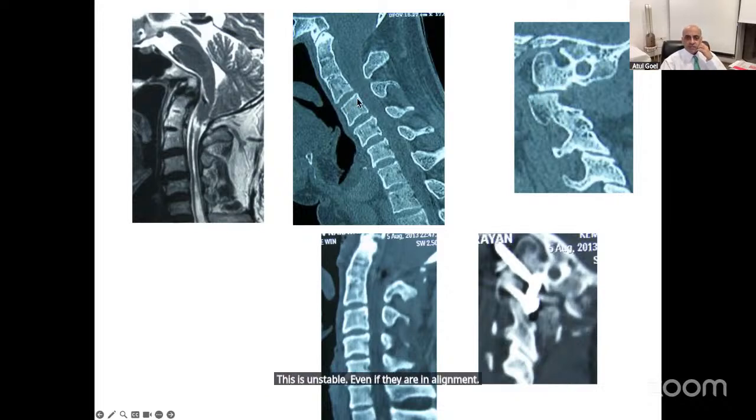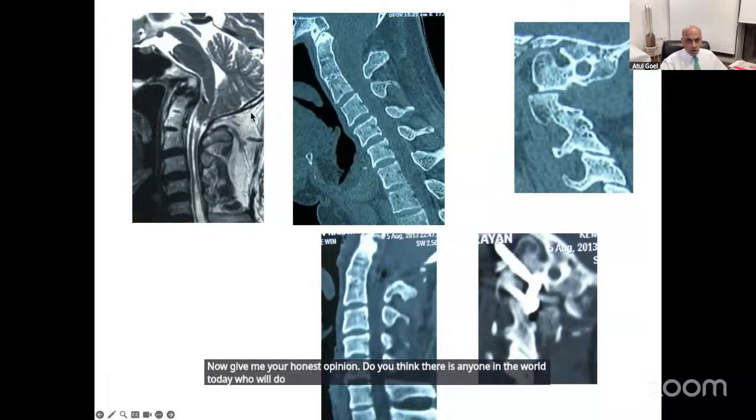This needs C1, C2 fixation. This does not need any kind of decompression. Now, give me your honest opinion. Do you think there is anyone in the world today who will not do decompression in this case?